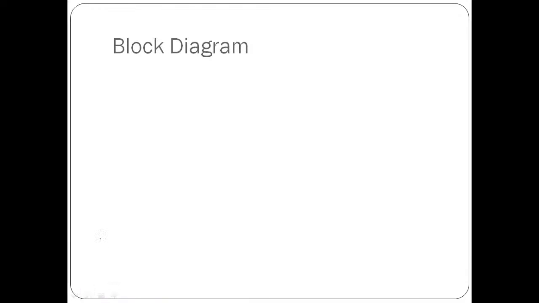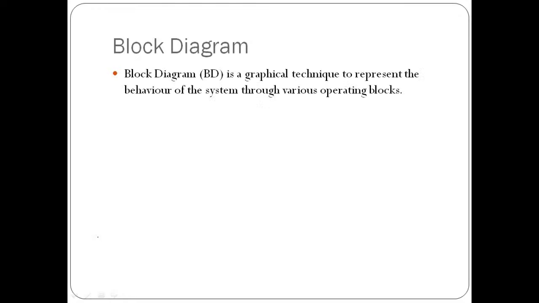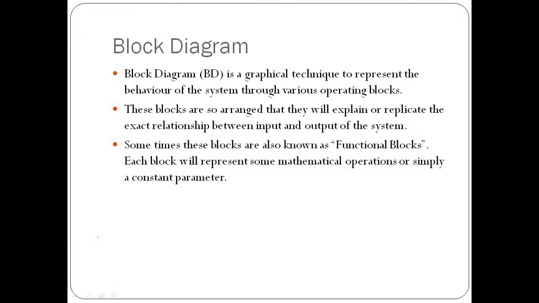It is basically a process of representing a system through some graphical technique, and in that technique we try to represent the behavior of a system through some sets of operating blocks. Sometimes those blocks are also called functional blocks, and through those blocks we are trying to define the relationship between the input and the output of the system.